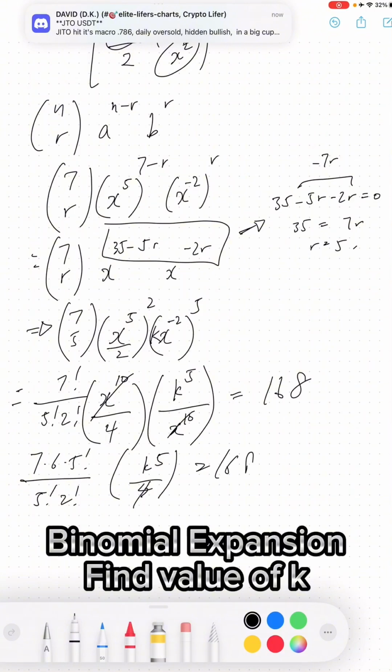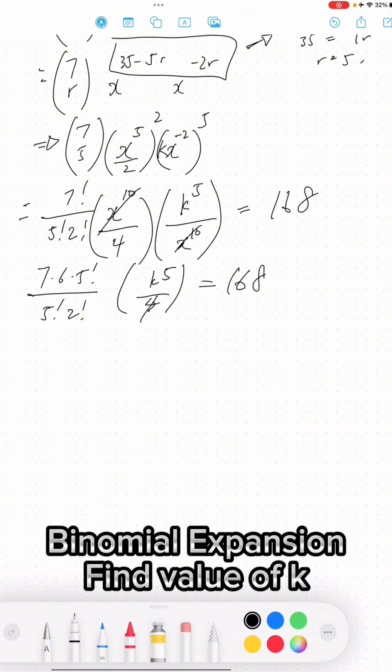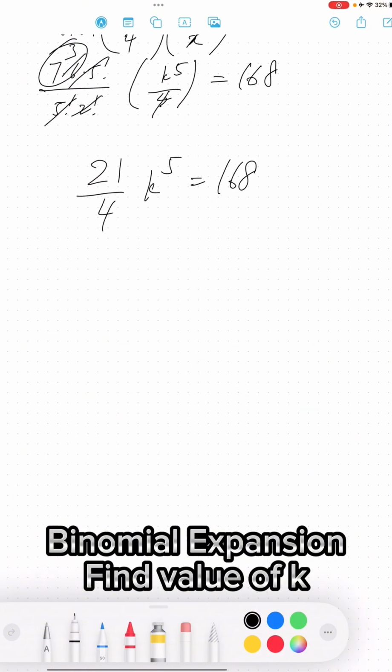That's 128. And then the 5 factorials cancel. The 2 and the 6 cancel, and we have 21. 21 over 4 times k to the power of 5 equals 168.